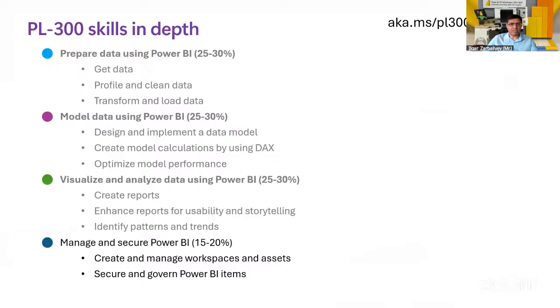The second domain is modeling data using Power BI, which also takes 25 to 30% of the exam questions. The third part is visualizing and analyzing data using Power BI, which also takes 25 to 30%. And the last domain of this PL-300 exam is managing and securing Power BI, which takes 15 to 20% of questions.